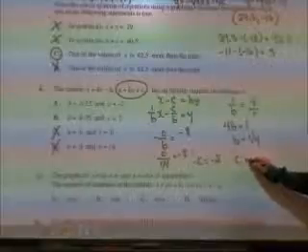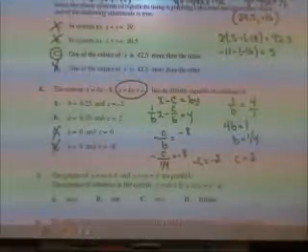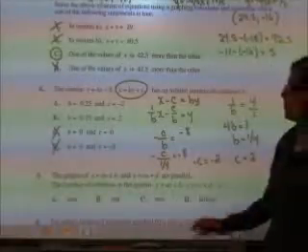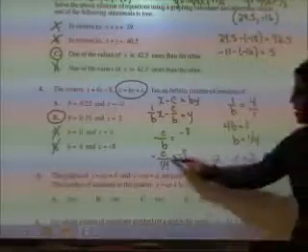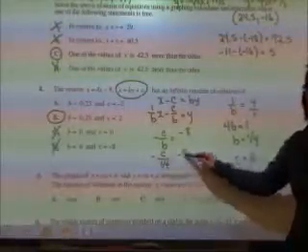So positive c will equal positive 2. And I get B for my answer. Because in this step right here, if I just cross multiply, I'd multiply 1/4 times -8.